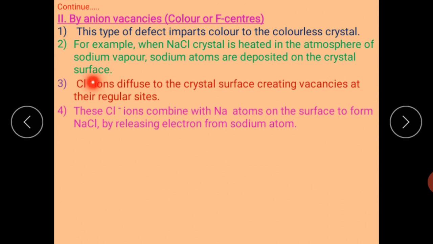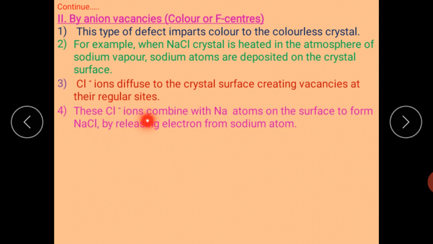In this case, the NaCl crystal is heated in the atmosphere of sodium. Then the sodium atom is deposited on the surface of the crystal, and Cl- ions diffuse to the crystal surface, creating vacancies in their regular sites.